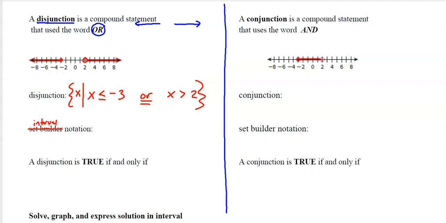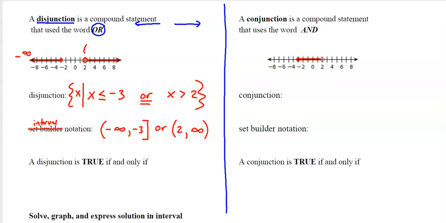Interval notation would be a little different: you would have -infinity all the way over to -3, and that would be a hard bracket because it's equal to. And then or you'd have a soft bracket at the 2, and then that rolls all the way out to +infinity. So interval notation would be two parts, with that or in between.